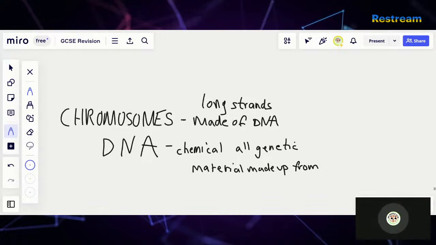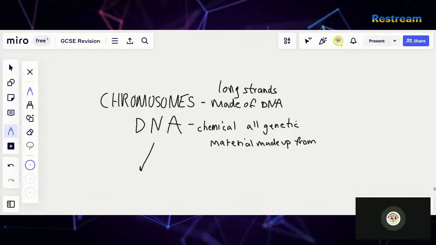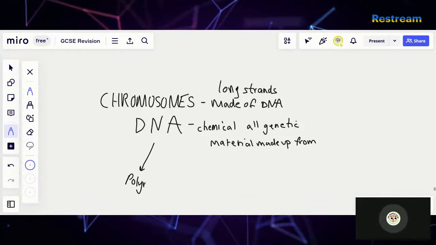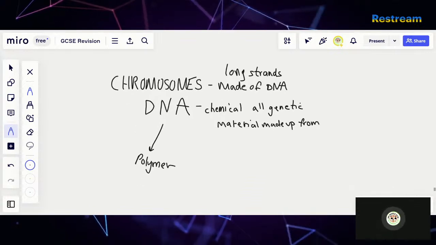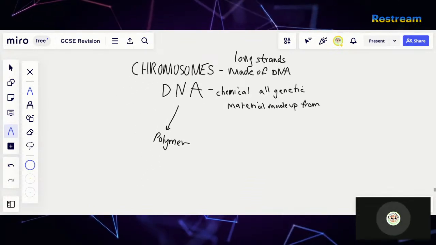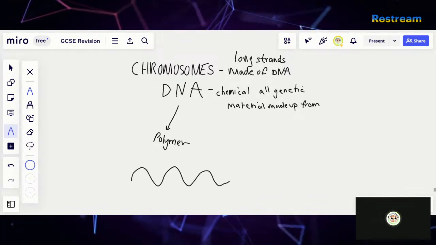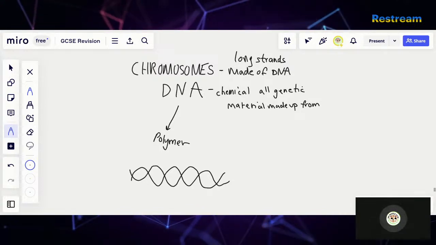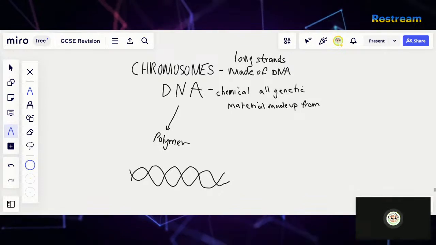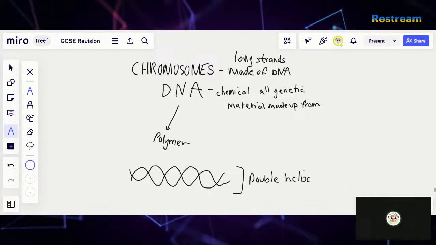DNA are the chemicals that all genetic material is made from. Now, DNA, as we said, is what we call a polymer. So a polymer is a long repeated unit chemical. Why we call DNA a polymer is because the DNA is made up of two strands, and these two strands are each made of nucleotides, and they then form this structure which is referred to as the double helix structure.